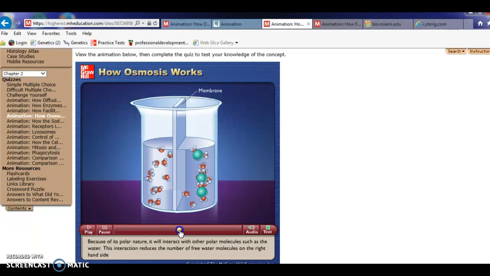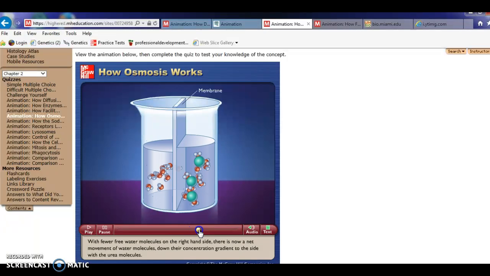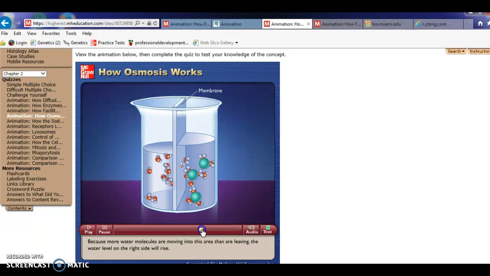So if I fast forward this, what will happen? There it goes. The arrow shows the direction water is going to travel, and the reason it's traveling there is because there's less water concentration here. It should go until it technically balances. If you see the number 90 here and 50 here, think of a balance.